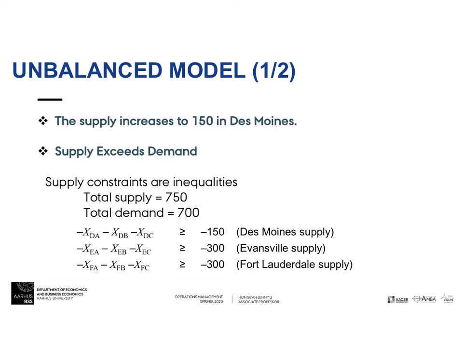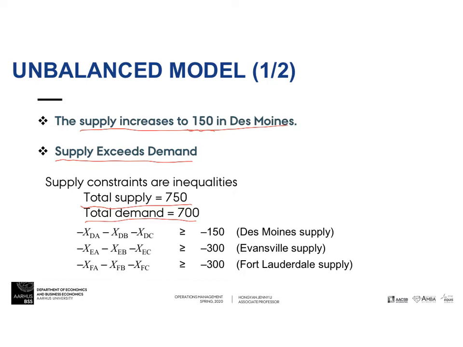We assume the supply increases to 150 in Des Moines, so in the first factory, the supply capacity is increased to 150 units. It leads to the supply now being greater than demand. The total supply is 750, total demand is 700.